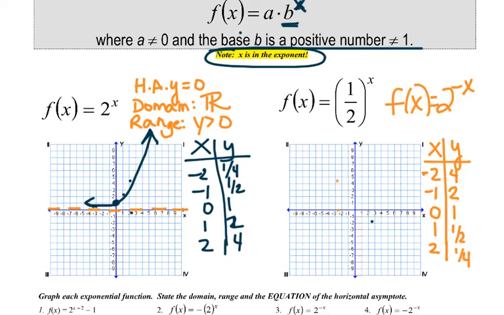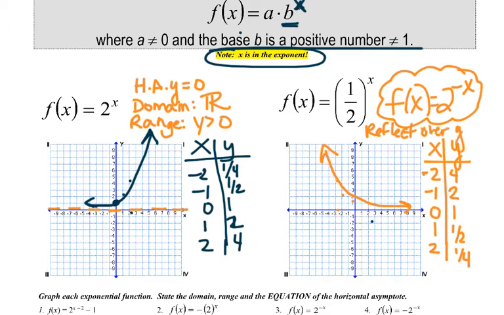So this graph looks like this. And that should make sense because if we think of it as 2 to the negative x compared to the parent graph, it's going to reflect over the y-axis, and that's what happens.